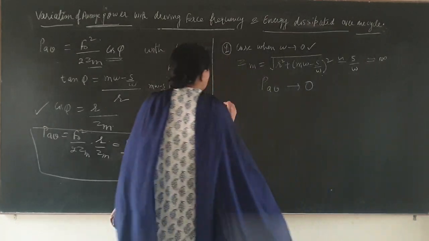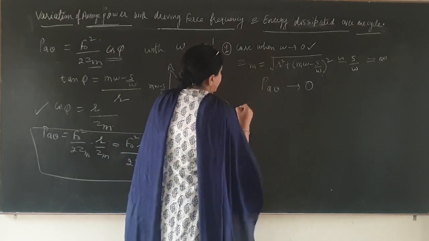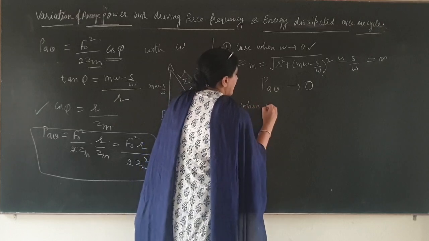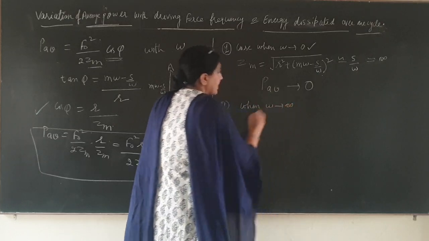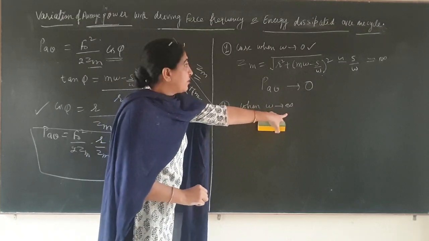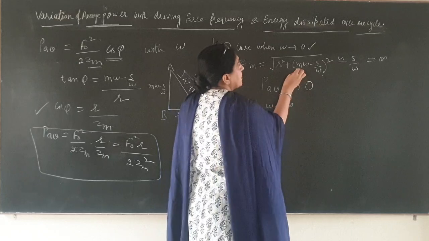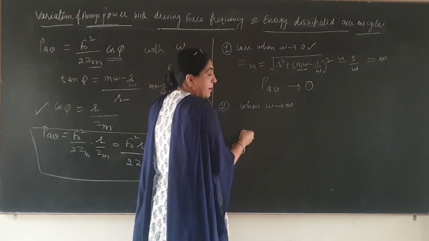Now the second case, when omega approaches to the highest value, infinity. When omega approaches to infinity, what about Zm? In Zm, which term will be dominating now? M omega.